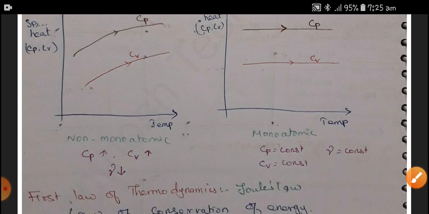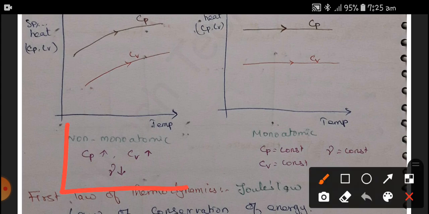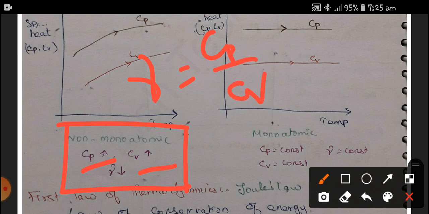If I increase the temperature for non-monoatomic gases, the values of Cp and Cv increase. We know that gamma is equal to Cp by Cv, and this will decrease. If it is a monoatomic gas, all are constant.